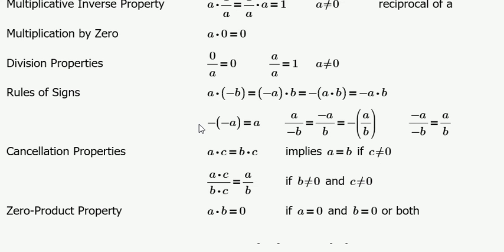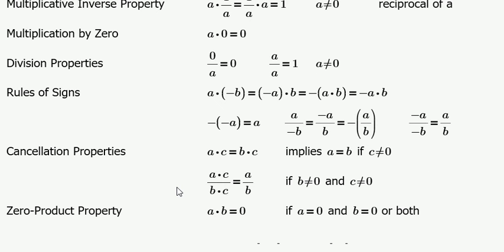You should simulate this on the real number line that we are going to see. Minus a times minus a is equal to a squared. In the division or quotient process, if you have an odd number of negative signs, then you will have the output with the negative sign. If you have an even number of negative signs, you will have the positive output.